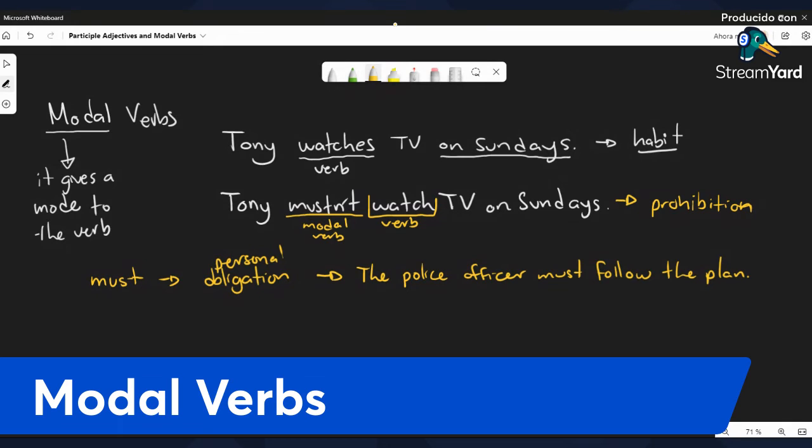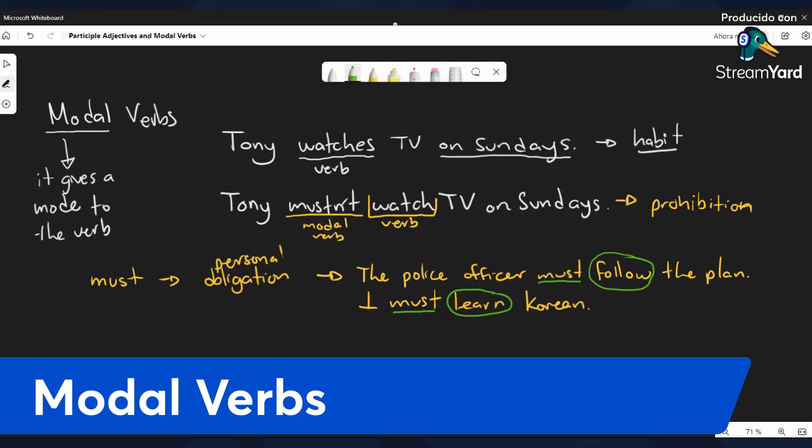It's his personal obligation. That's what he was committed to do. He must follow the plan, right? Another example of a personal obligation can be, for example, I must learn Korean. It's your own goal. Nobody is making you do that, right? So that's why we use must here, because I'm expressing a personal obligation.